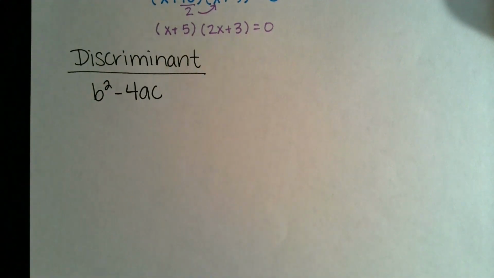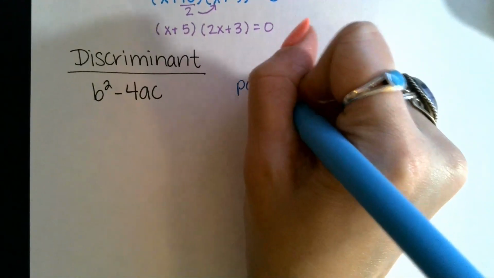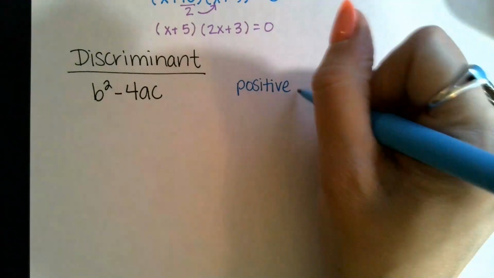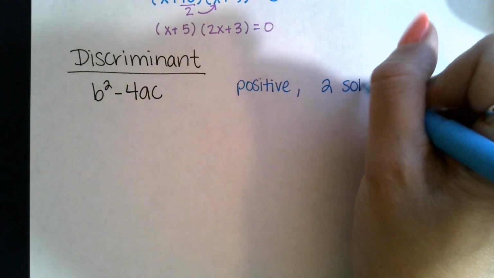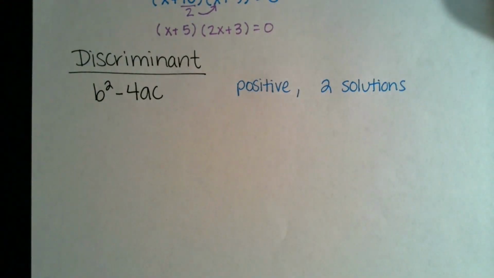Now, who remembers what it means? The number of solutions. If you plug it in and it's positive, you have two solutions, meaning the graph crosses the x-axis twice.